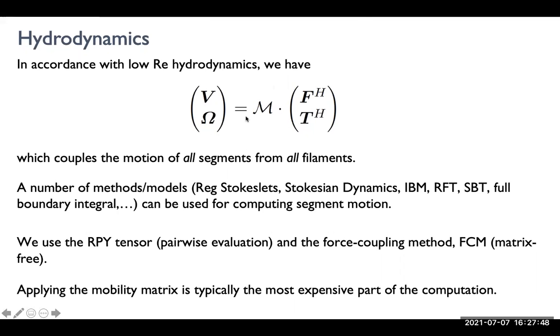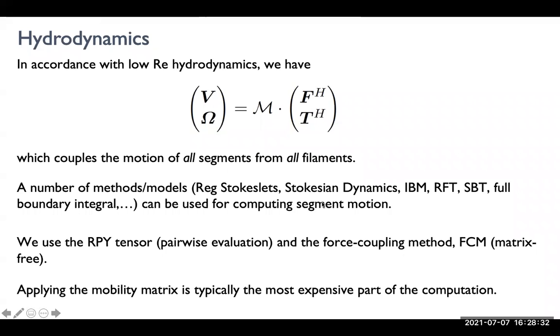So really, provided that you do have this linear relationship, you can use that model with the framework that we've developed. We've also wanted to make it independent of how you perform this matrix vector multiplication, whether you use a matrix-free method, which we've done with the force coupling method, or if you're evaluating this directly, using a direct matrix vector multiplication or a pairwise evaluation of, say, the RPY tensor, which is what we'll be using today.